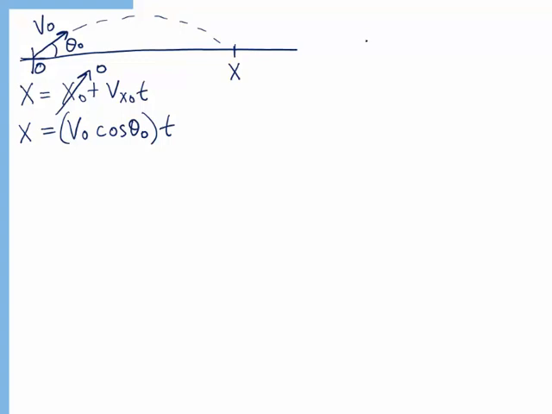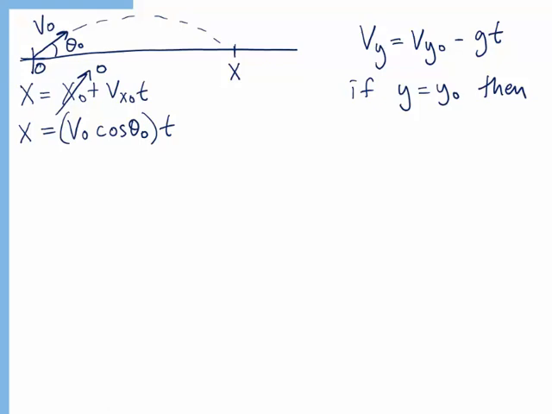In the y direction, one of our equations is vy is equal to vy naught minus gt. And notice that because my object is starting at the same height as it's ending at, so y and y naught are the same, what's true about vy and vy naught?